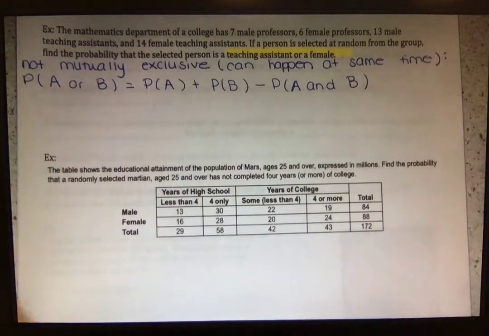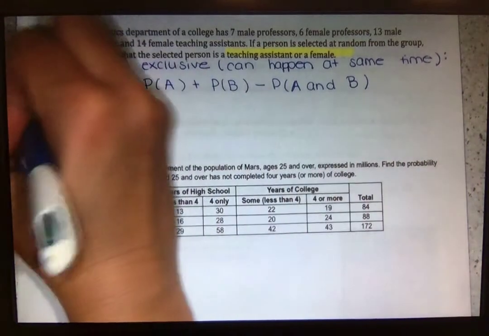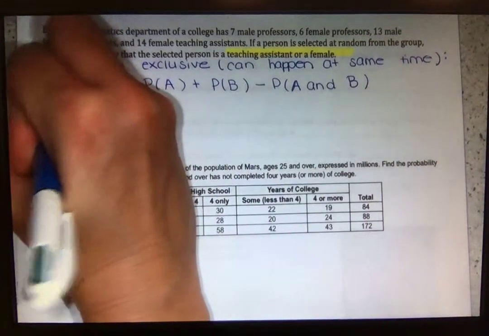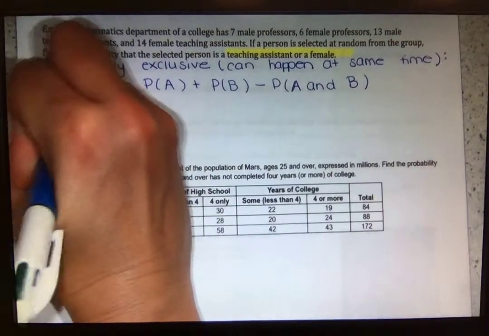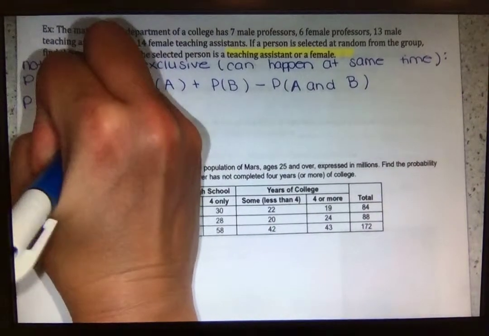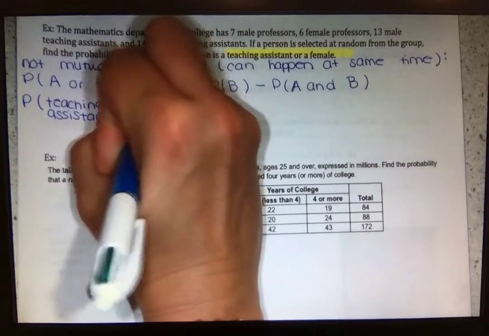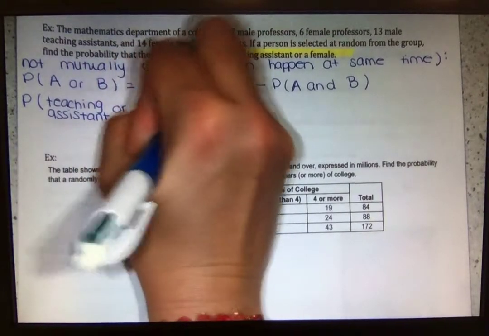So that's the formula that we're going to use. So we're trying to find the probability of a teaching assistant or female.